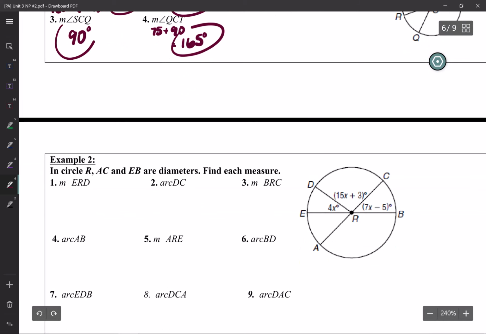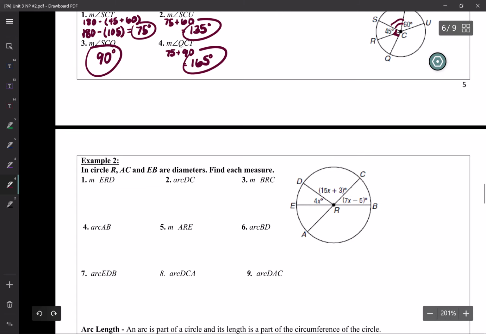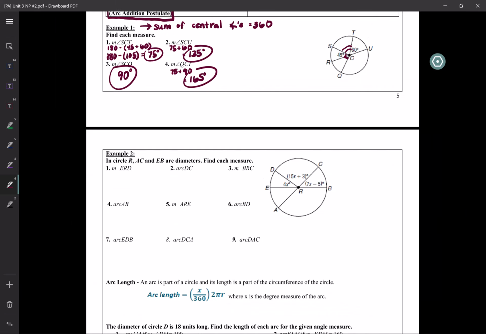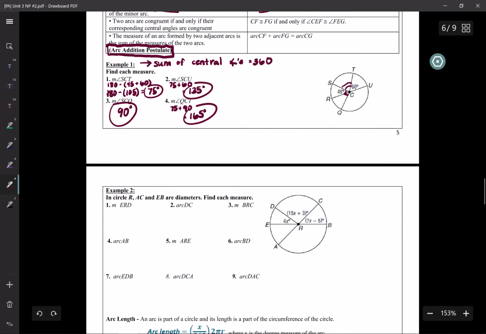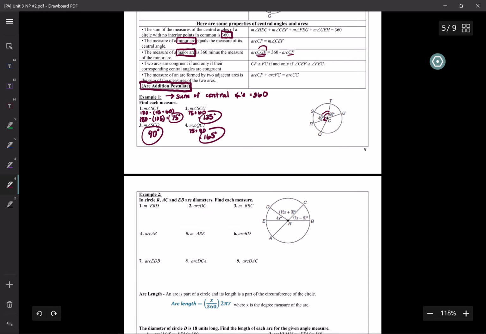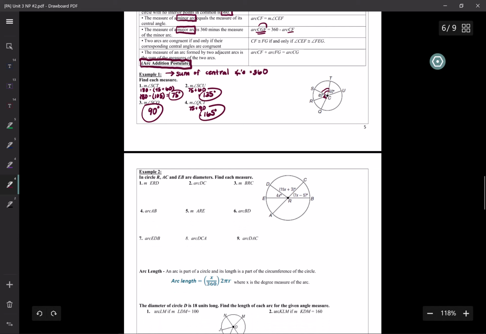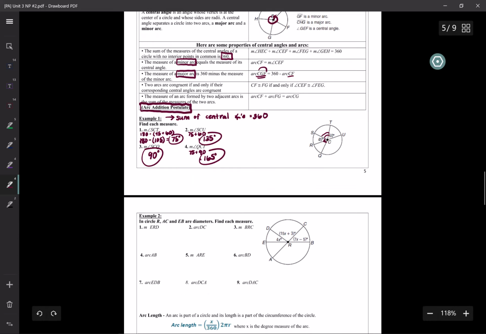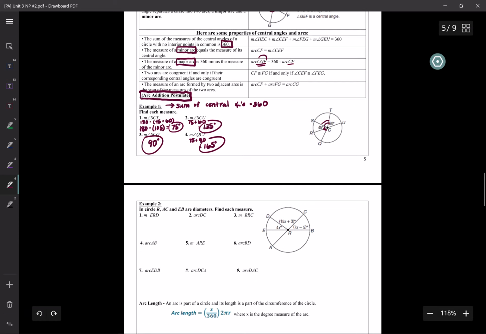Now let's look at example 2. In example 2, you're going to be solving for a mix of central angles, minor and major arcs. I'm going to categorize them just so you're familiar. Central angles, we'll put in a maroon color.